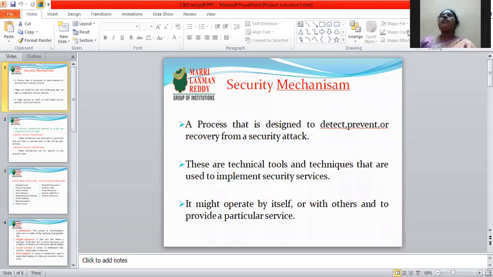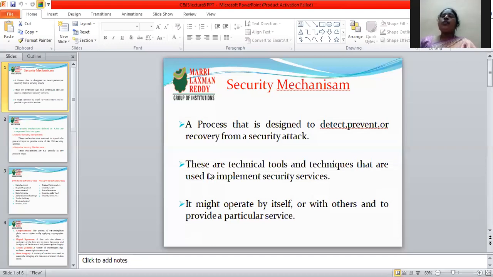Any unauthorized person accessing the information is detection. We take care of prevention, and already modified data is recovery. That is called a security mechanism.